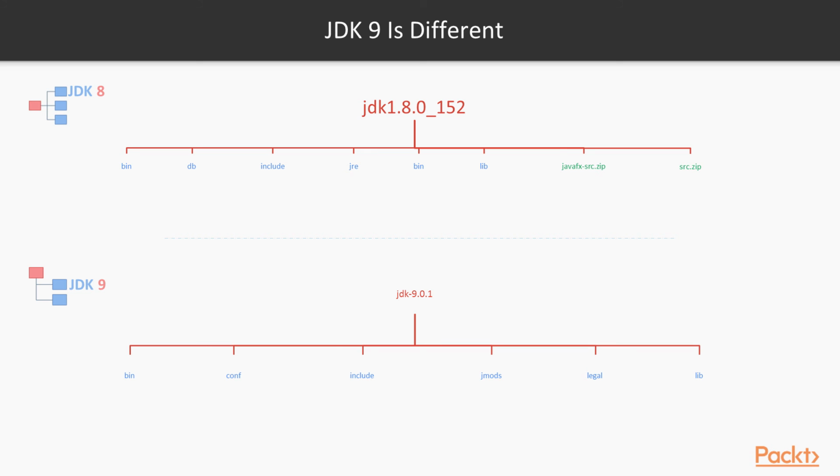Here JDK 9 does not contain jre. In JDK 8 the jre is a separate distribution folder which was redundant and contains the same tools already contained in the bin folder, and this definitely increases the size. Other files and folders are removed and turned into modules.